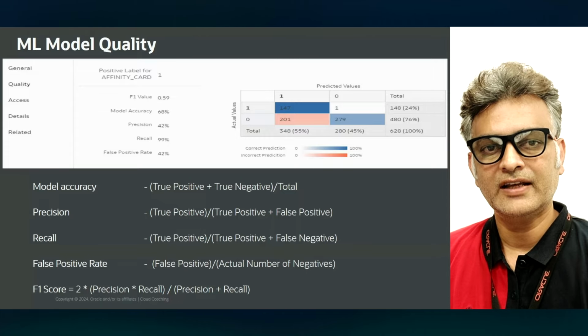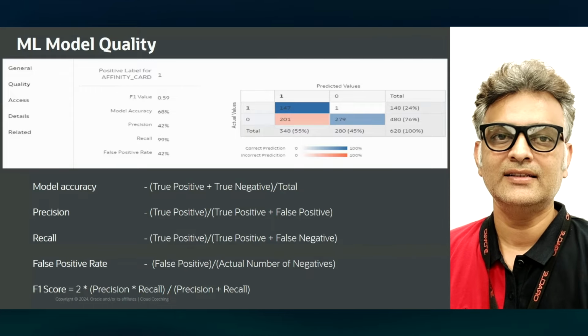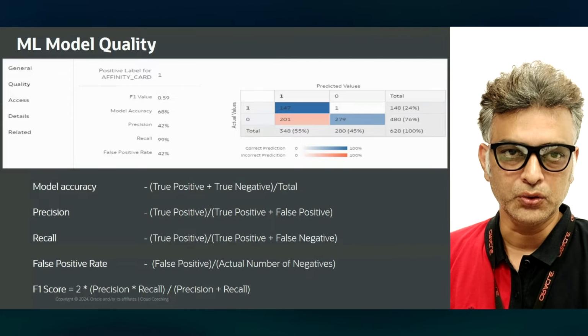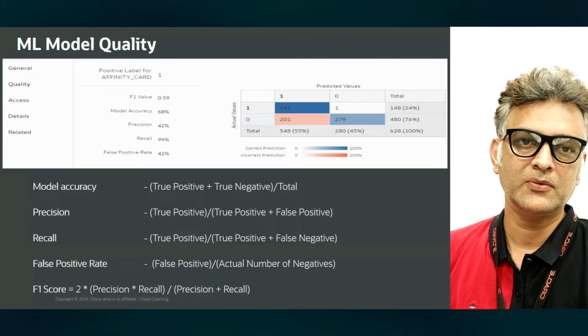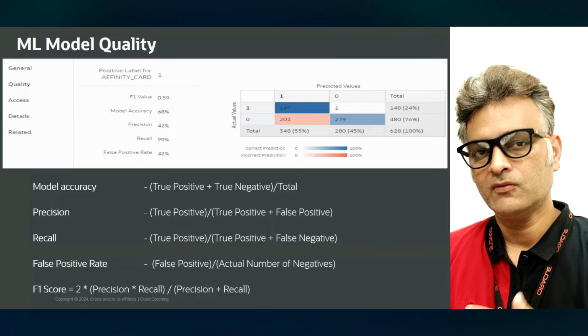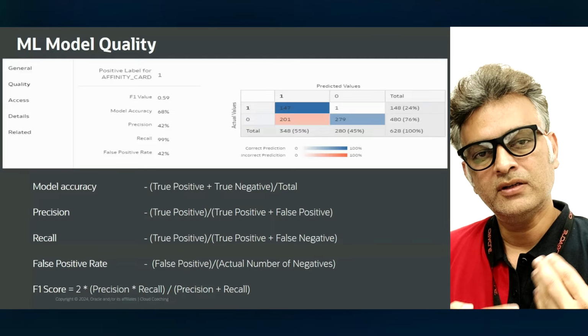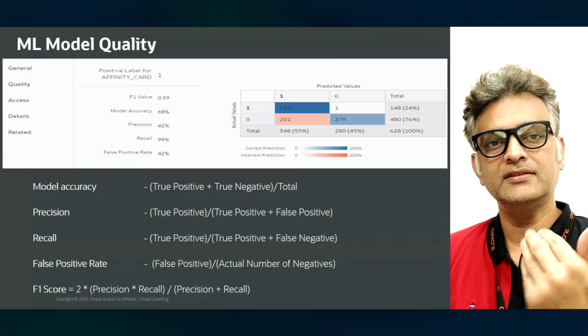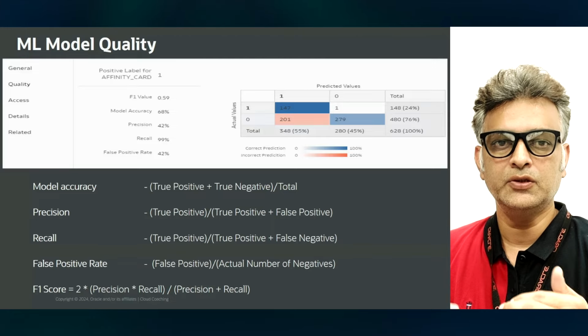But over a period of time, people have realized that there are scenarios where the data set is skewed. Suppose we are talking about affinity card, or likely to buy, where the possible values are 1 and 0, but around 90% of your data is having 0 and only 10% is having 1. This is a very skewed scenario.